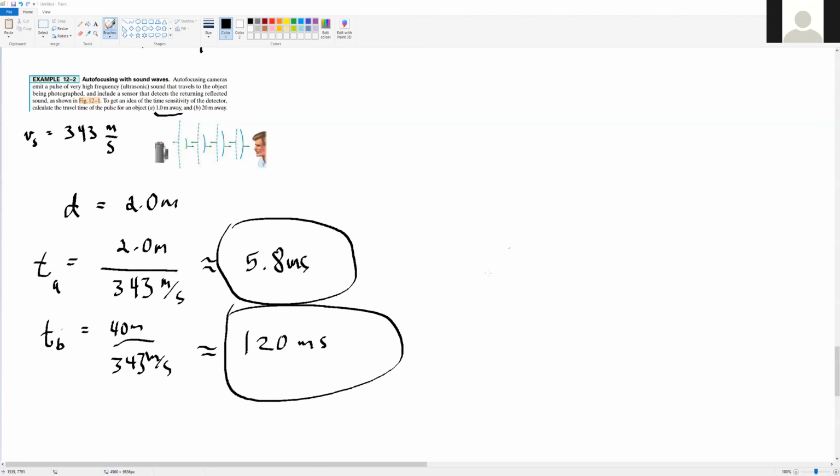Is it normal to put it in milliseconds instead of seconds? It's a choice, if you want to write it in scientific notation or so. Usually you want to just write it with whatever units are the easiest to read the number. You don't want to write something that's like 0.00 something something. You want the number in front to be between maybe 1 and 1,000, and then use the right metric prefix.